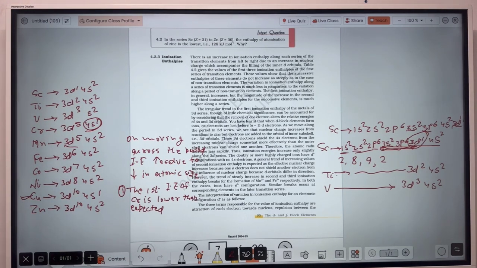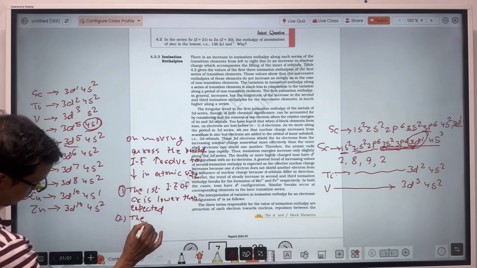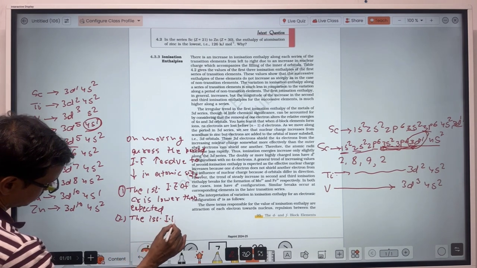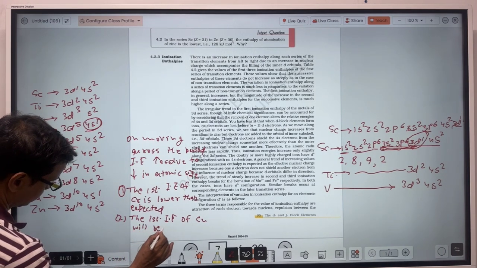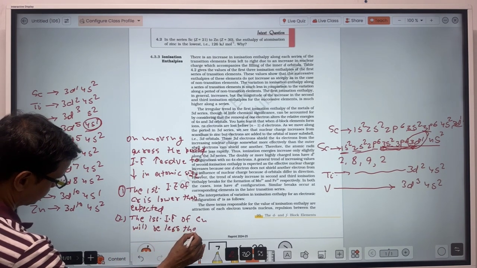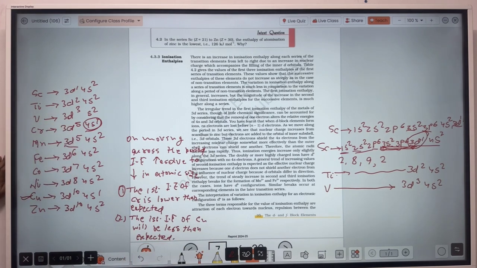In copper, the first ionization enthalpy will also be less, because after losing one electron, the valence orbital of copper will be fully filled, which will provide extra stability to copper. So these are the only points you will have to keep in mind. The reason you already know, this one.